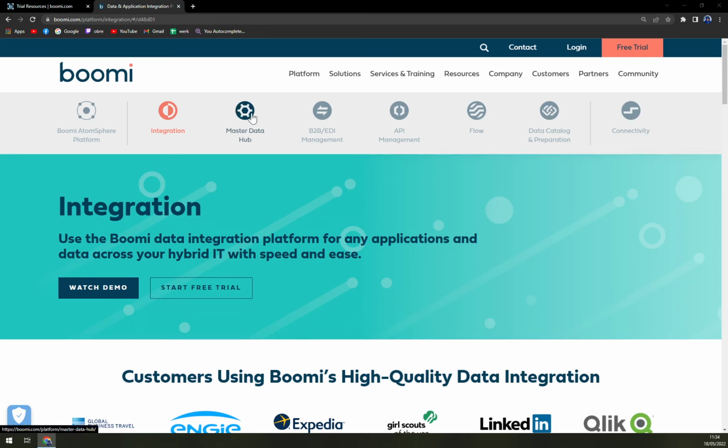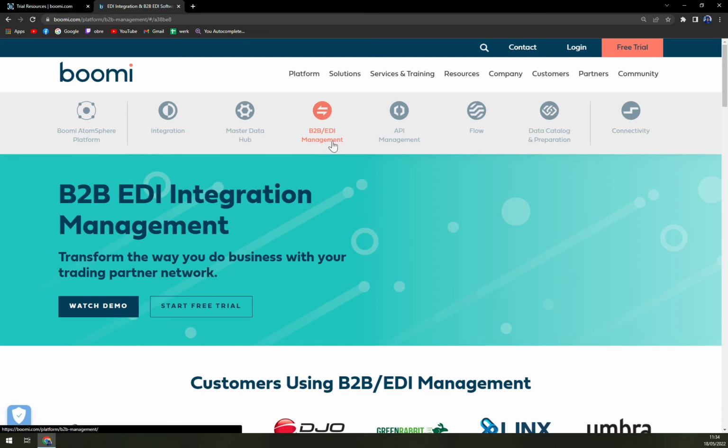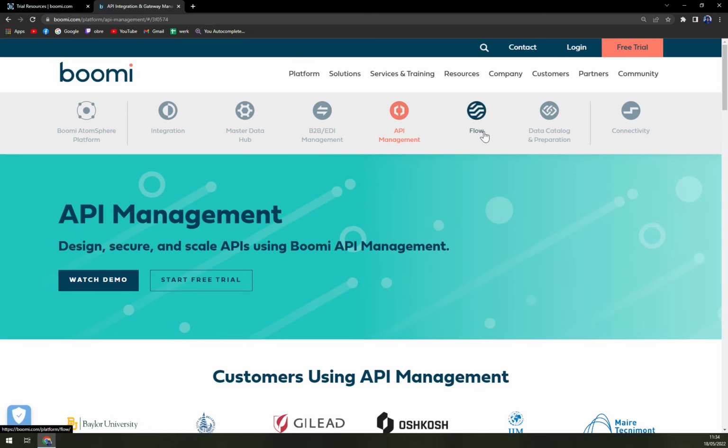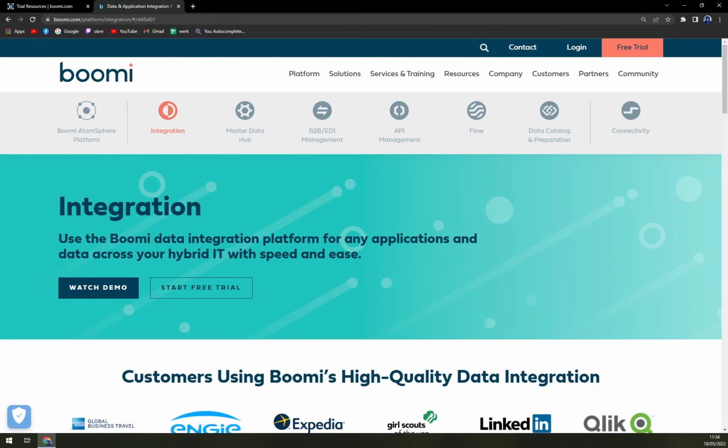But what we have here, integration is just one part of the APIs or integrations. So Master Hub, B2B EDI management, API management, Flow, data catalog and preparation. It's so huge what they are offering. They are not only about integrations. Yeah, they are about them, but not mainly. That's why they are way bigger than Zapier or Automate.io. And it's a good thing, don't get me wrong.